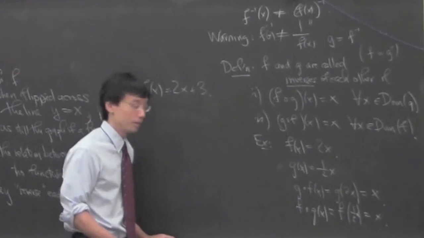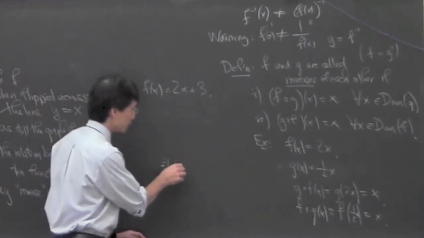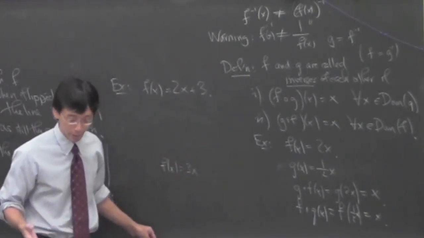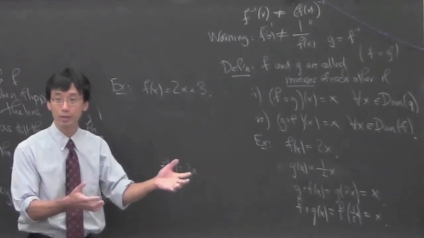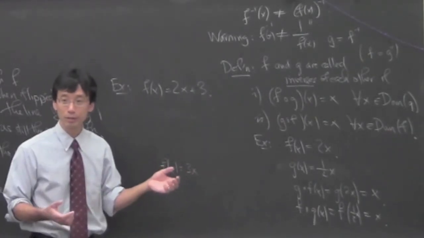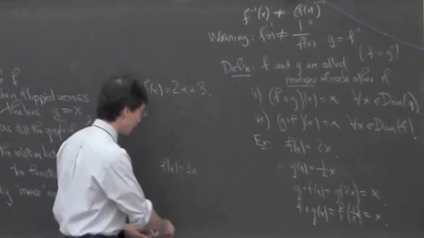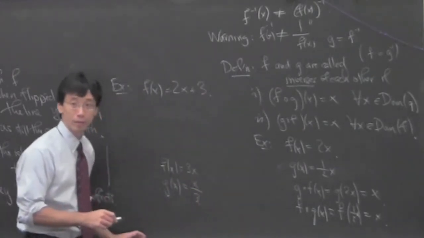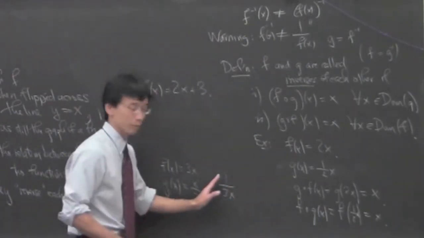No. If f of x is 3x, just think of it as a procedure. f is the guy that takes whatever you give him and triples it. So what's g going to do? Divide it by 3. So g would be a guy who takes in something and divides it by 3, but it's not 1 over 3x.